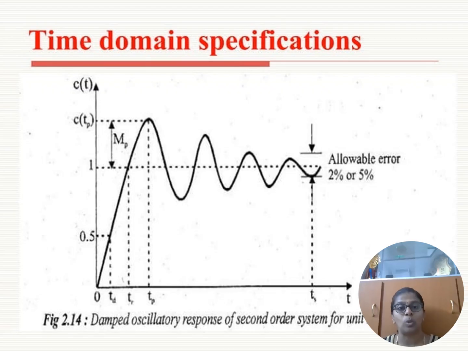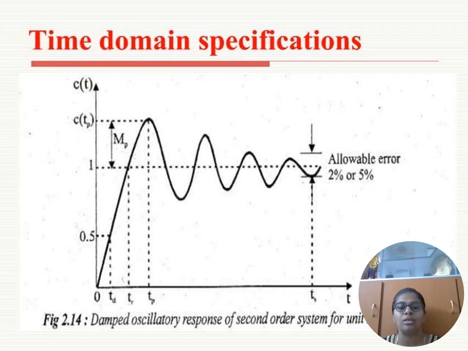Already we know that the output of the system starts to be produced from zero time to a certain time. The time at which half of the output is produced is called the delay time. The time when the maximum output is produced is called the rise time.